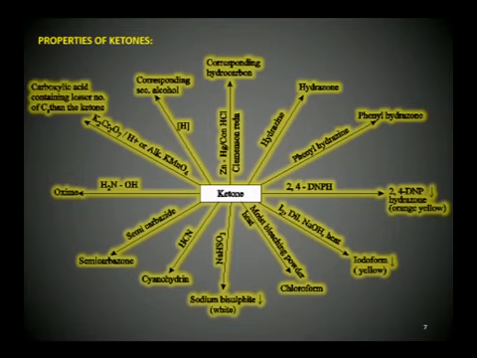When ketone is treated with hydroxylamine, oximes are produced. When ketone is oxidized in the presence of acidified potassium dichromate or alkaline potassium permanganate, we get the corresponding carboxylic acids. When ketones are reduced, we get secondary alcohols.